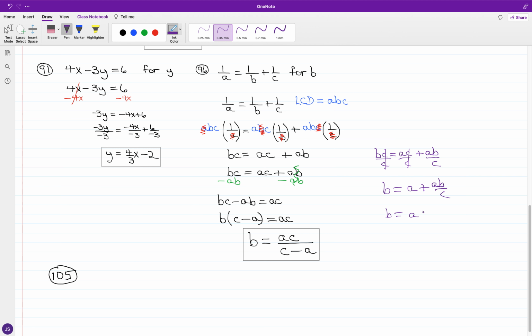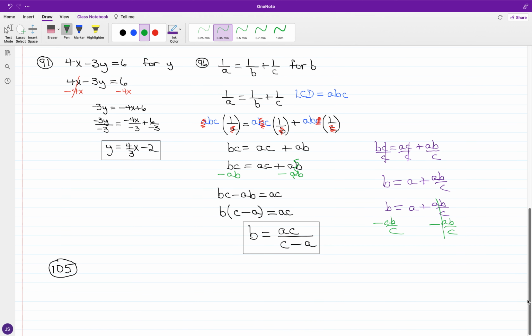Oh, yeah. I'll show you this because somebody asked me a question pretty similar to that one. If I took away ab over c, I have b minus ab over c is equal to a, and guess what?